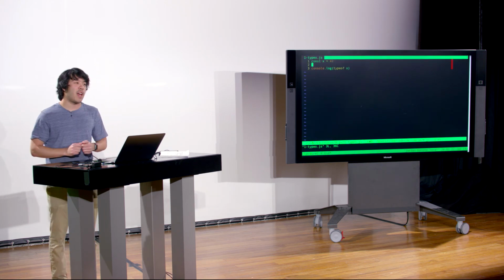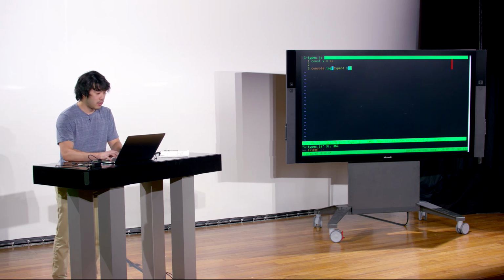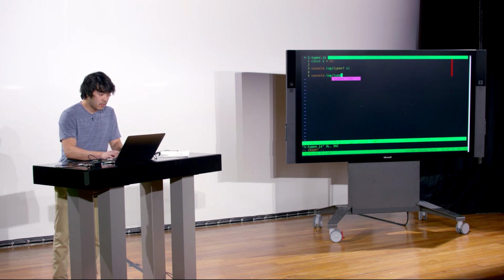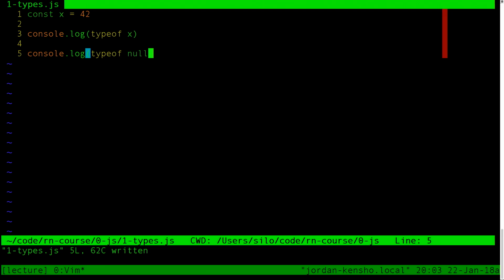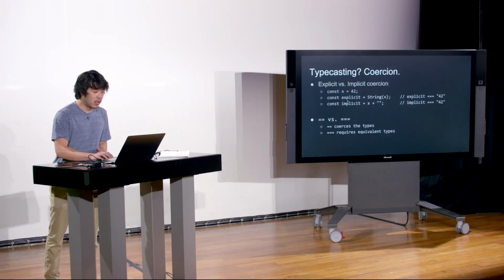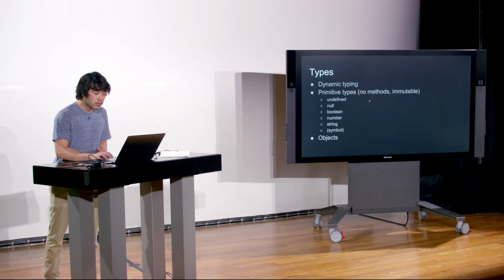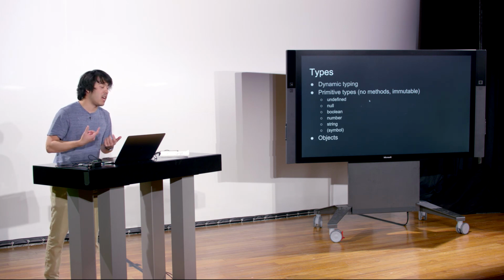So there's a little bit of a caveat with this, where this might surprise you. So who thinks they can guess what this will output? First of all, what should it output? So if we remember back a few slides, we talked about all of the different types.